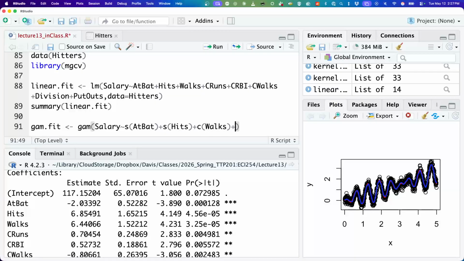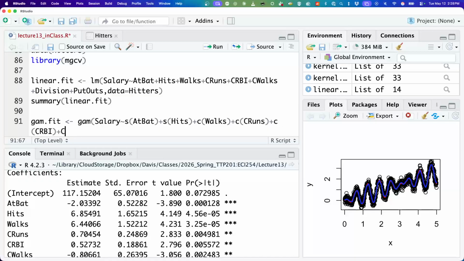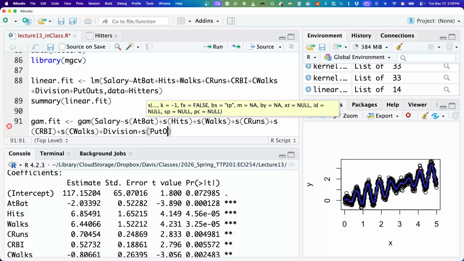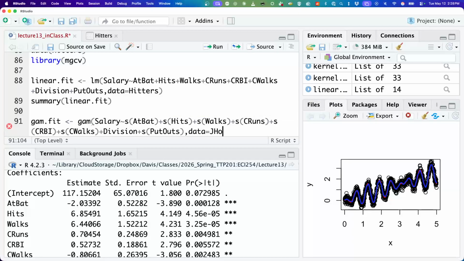We can't do splines on discrete variables, so the division variable is going to stay the same. But we can do it for everything else. Oops, I'm putting C here. Should be an S. S of CRBI, S of CWalks, plus division, plus S of putouts, data equals hitters.